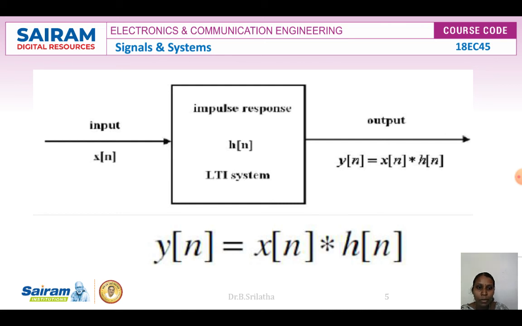That is y of n is equal to x of n convolved with h of n. So the output is equal to the convolution of the input x of n and the impulse response h of n. We write it as y of n equal to x of n, and this symbol gives the convolution, h of n.